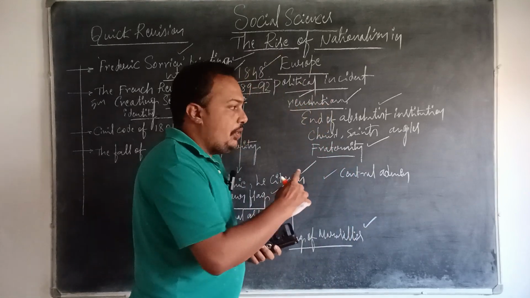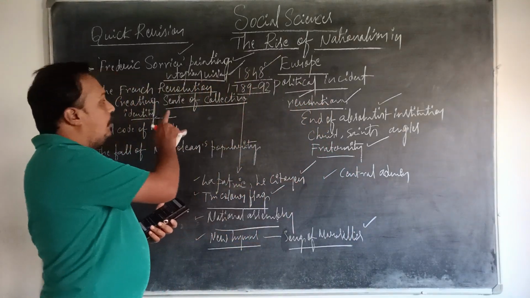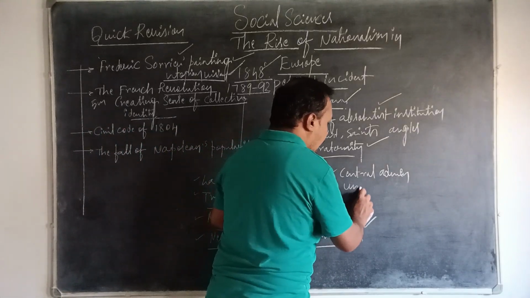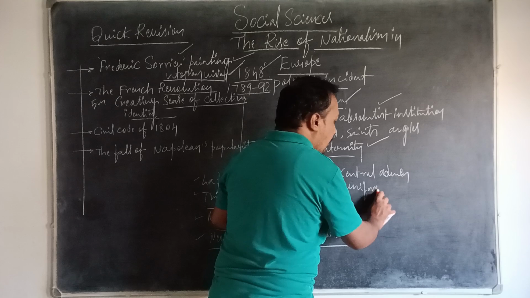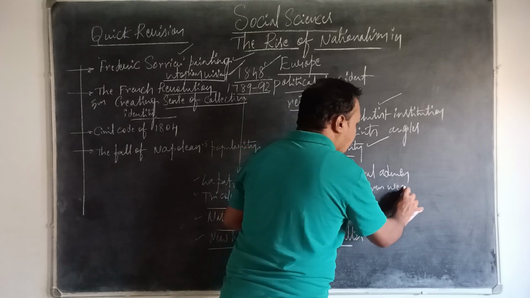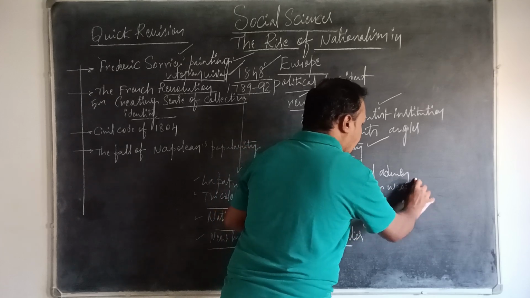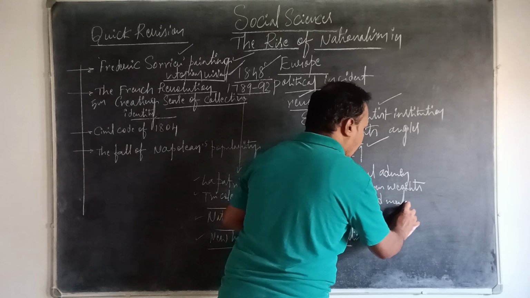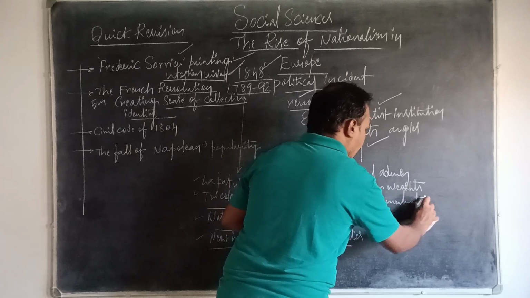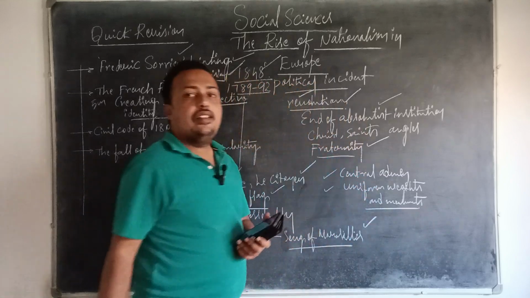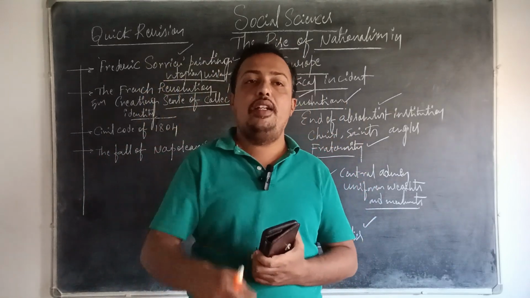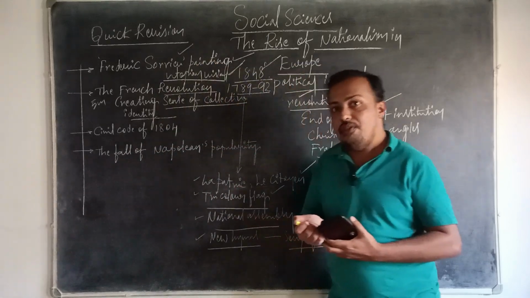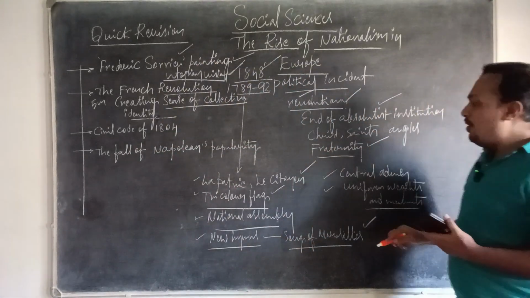And the introduction of uniform weights and measurements is also another factor which created the sense of collective identity during the French Revolution.